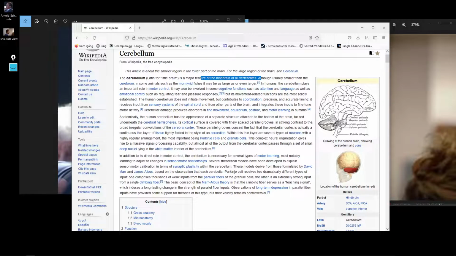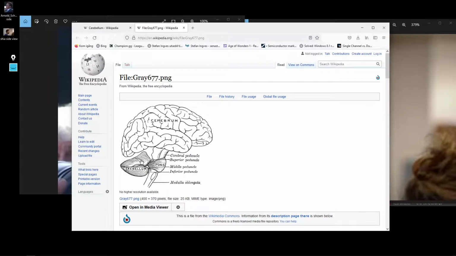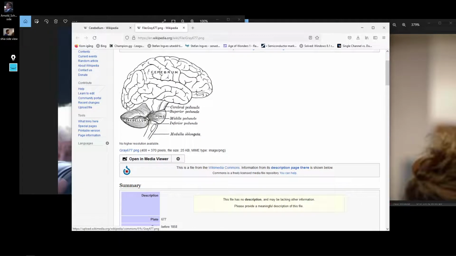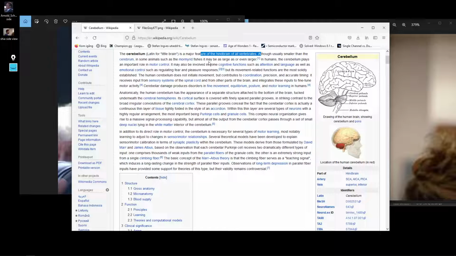And it's the bottom here. You can see it here. The absolute bottom is like a separate small brain. It is usually smaller than the cerebrum, but in some animals, such as the mormyrid fishes, it may be as large or even larger.